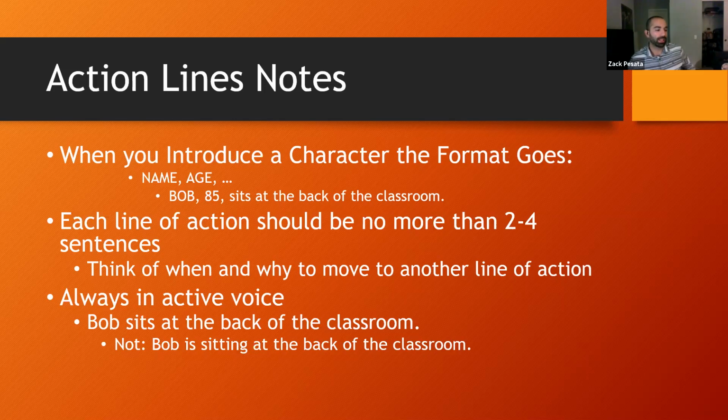Sometimes a technique that writers use is when they think of other shots or things that you would want the director to focus on in the scene, like a specific character beat, you might put that on its own separate line. Make sure to stay in active voice. So for example, Bob sits at the back of the classroom, not Bob is sitting at the back of the classroom.